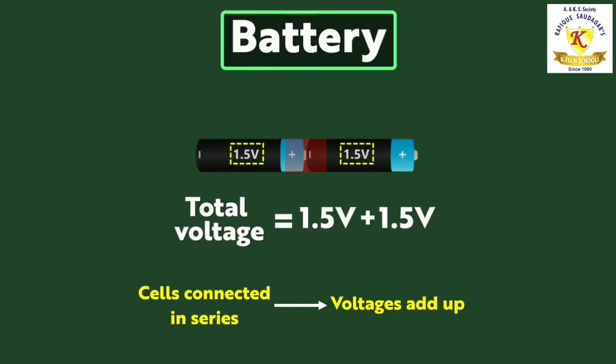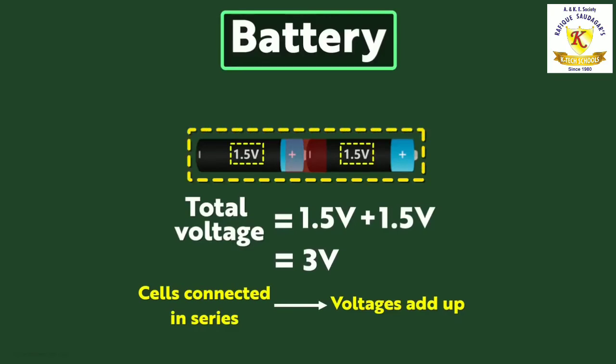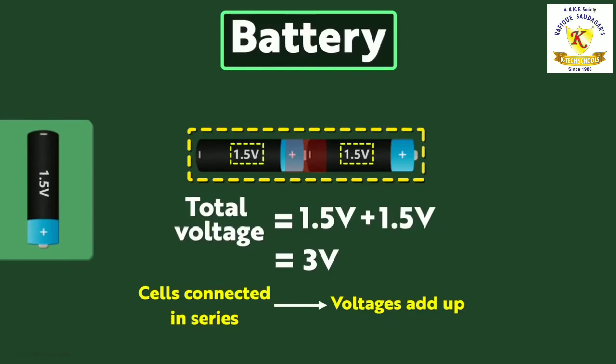What will this be equal to? It will be 2 times 1.5 volt, which equals 3 volts. So, this battery is twice as strong as one of the individual cells of the battery.